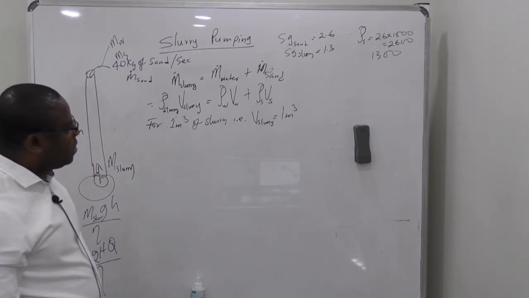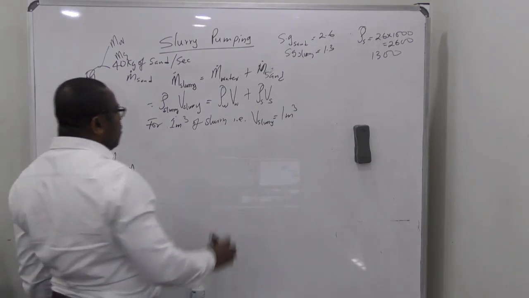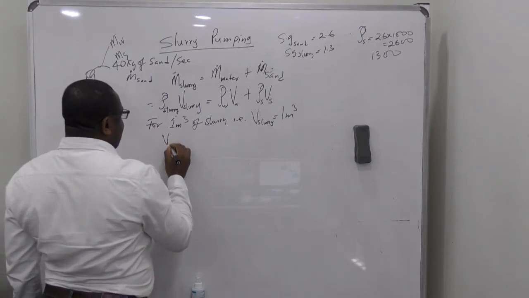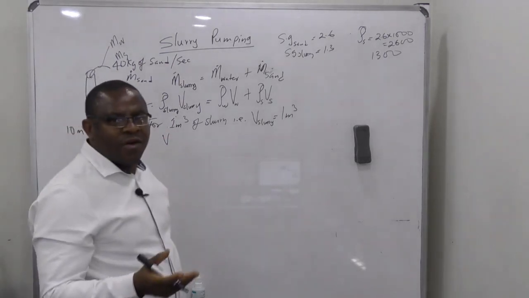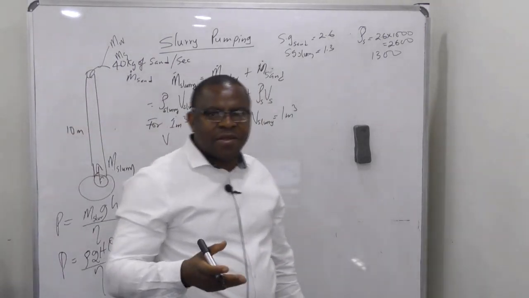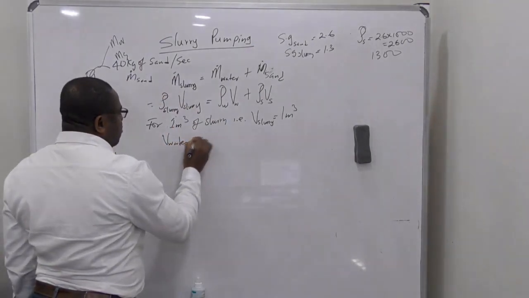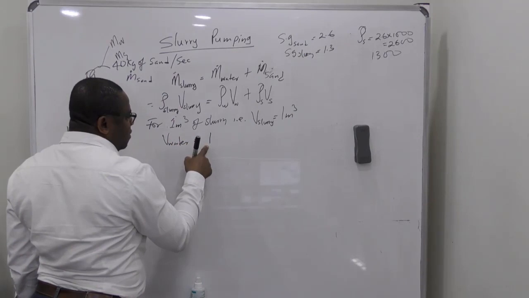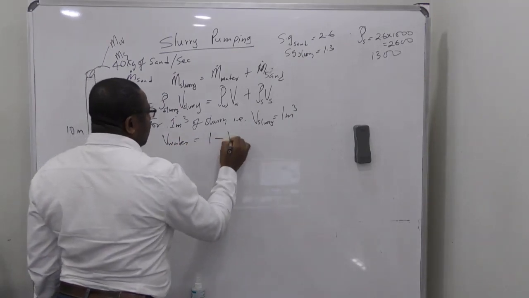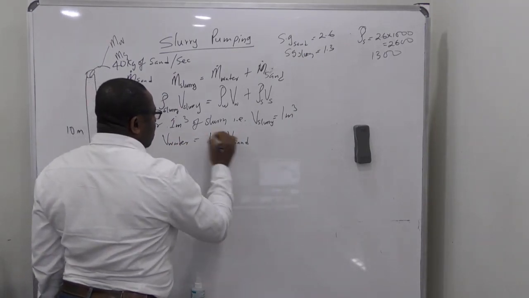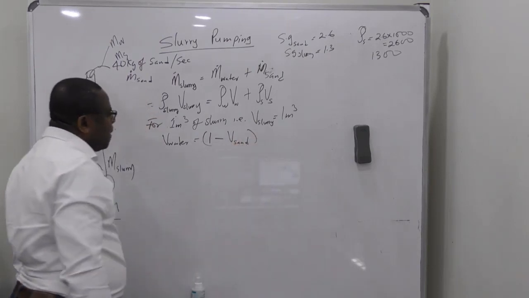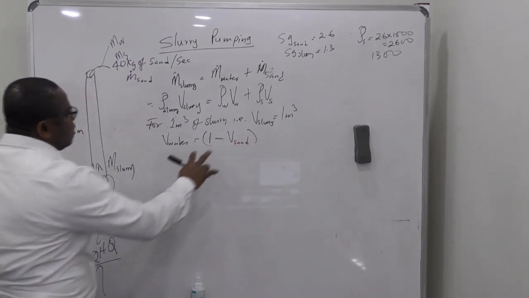Okay? Now, what will be the volume of water? V of water will be 1 meter cube volume of slurry minus V of sand. So from here, we can substitute.